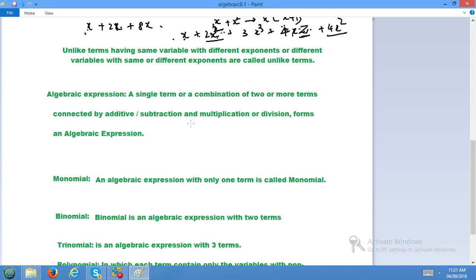So we may say x plus 2 plus y plus x square is simply an algebraic expression. Anything can be x, y, xy plus z plus a cube. It can be a constant also. A constant combined with some variable, everything is called an algebraic expression.